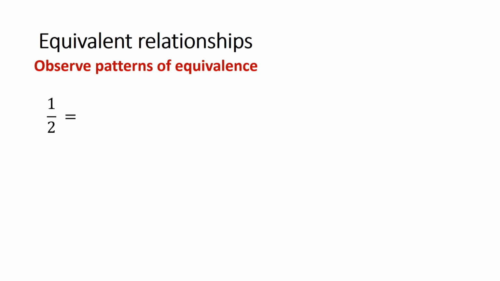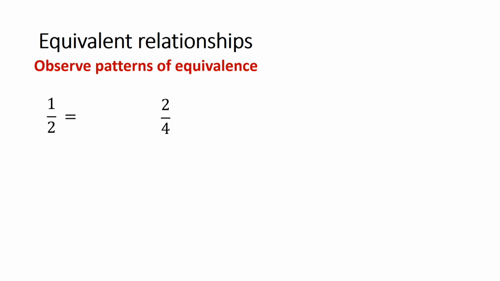These equivalent relationships that the students have discovered can help lead the students to the algorithm for creating equivalent relationships. For example, they had discovered that a half is equal to 2/4.